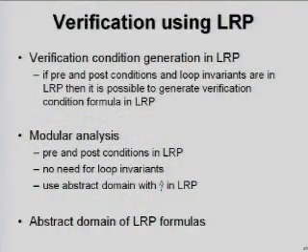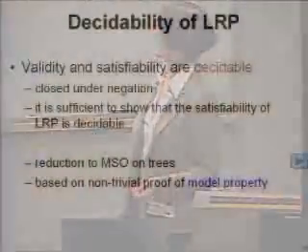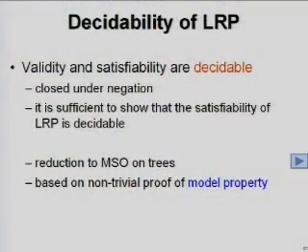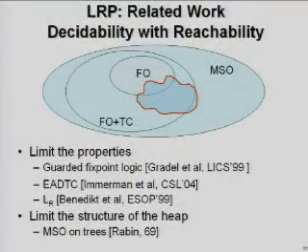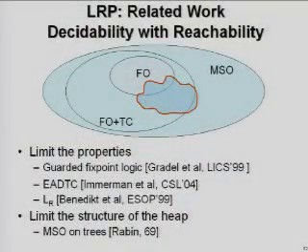It's decidable and has a non-trivial model property. I'll skip that, and I'll skip some related work about MSO. I mentioned it earlier. MSO on trees is another way to get a decidable logic with reachability, although MSO on trees is not expressive enough for our needs.